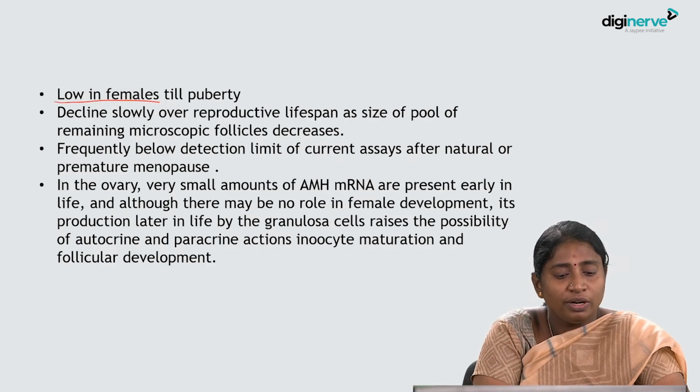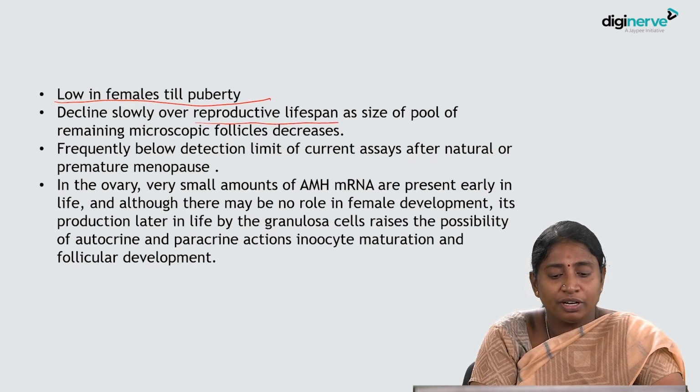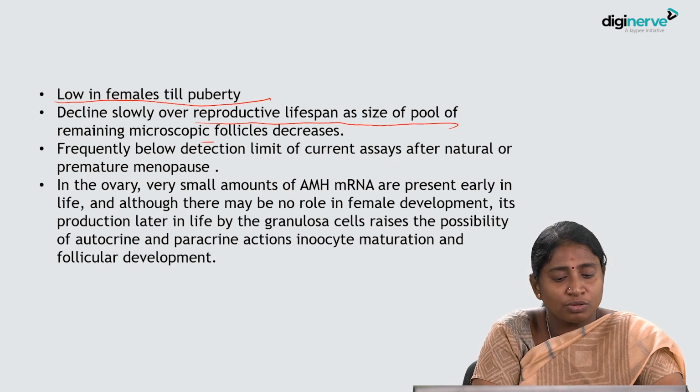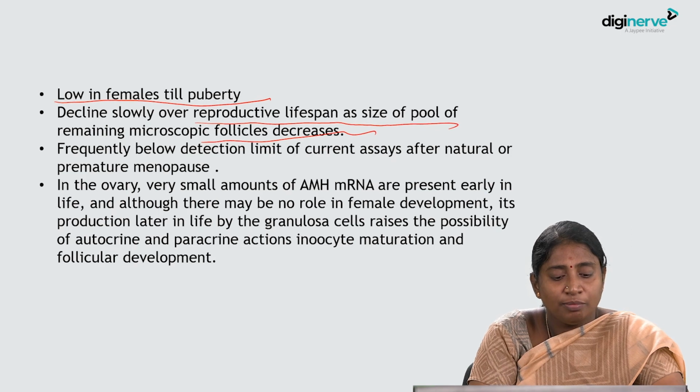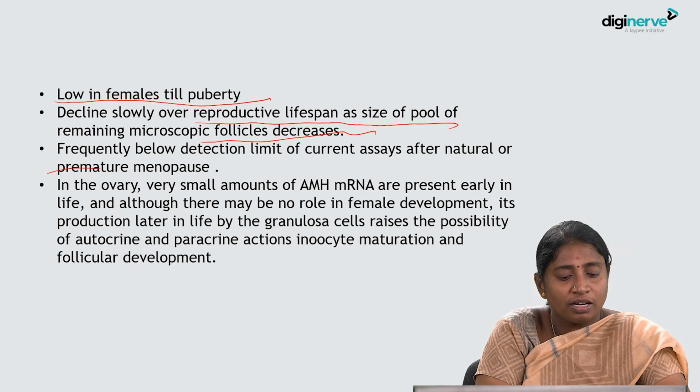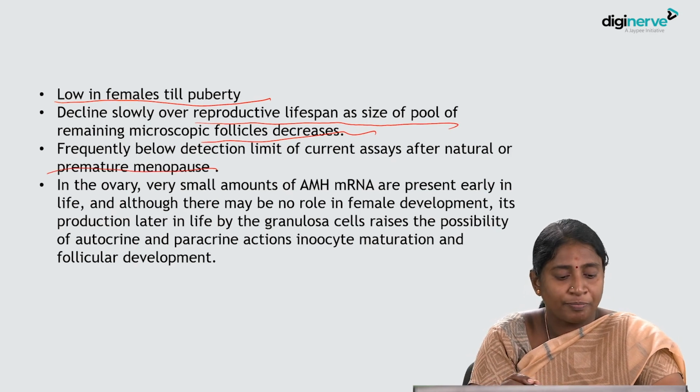AMH levels are low in females until puberty, then decline slowly over the reproductive lifespan as the pool of remaining microscopic follicles decreases. Frequently, it is below the detection limit of current assays after natural or premature menopause.